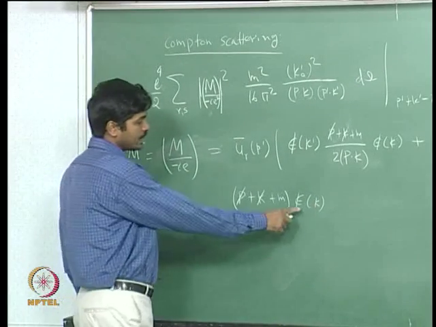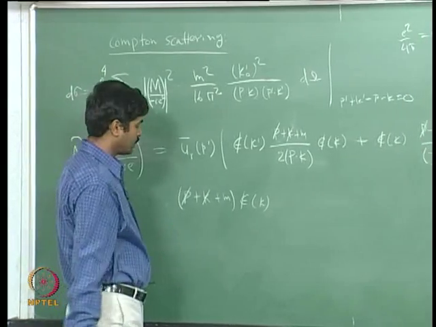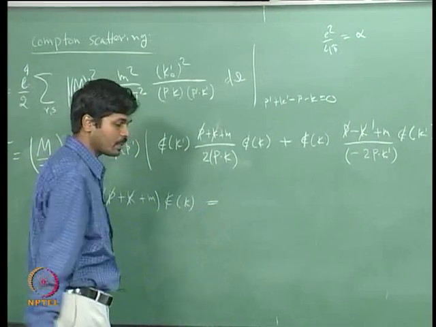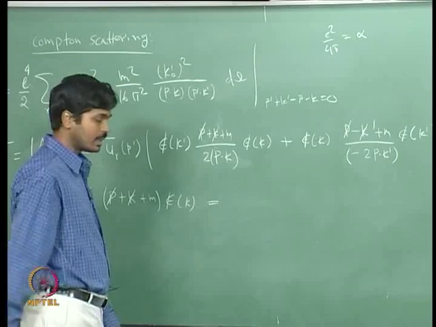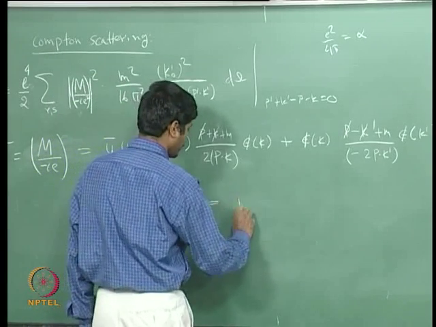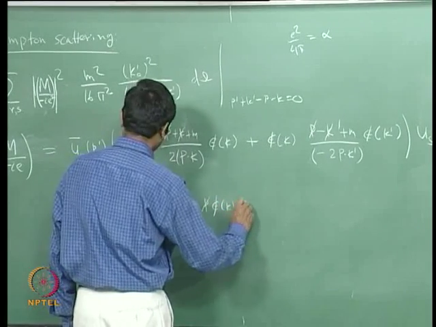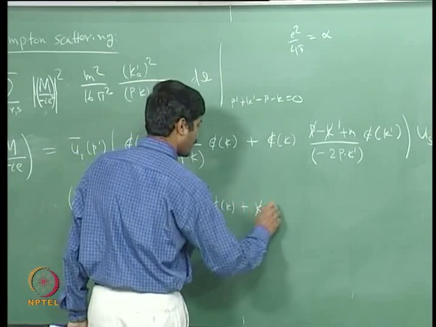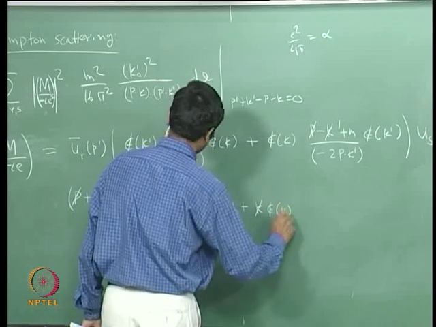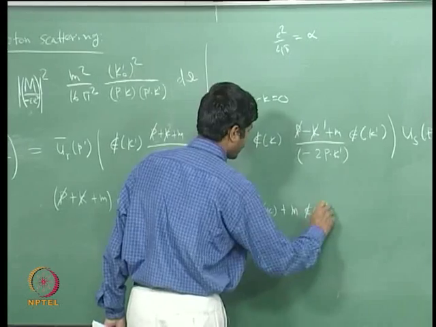I want to bring this epsilon slash to the left. This will simplify this whole term enormously, so let's do that systematically. This is p slash epsilon slash k plus k slash epsilon slash k plus m epsilon slash of k.